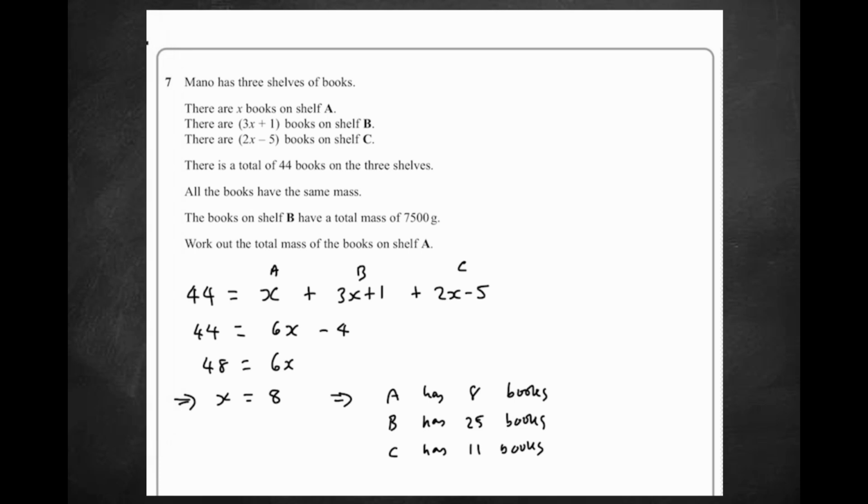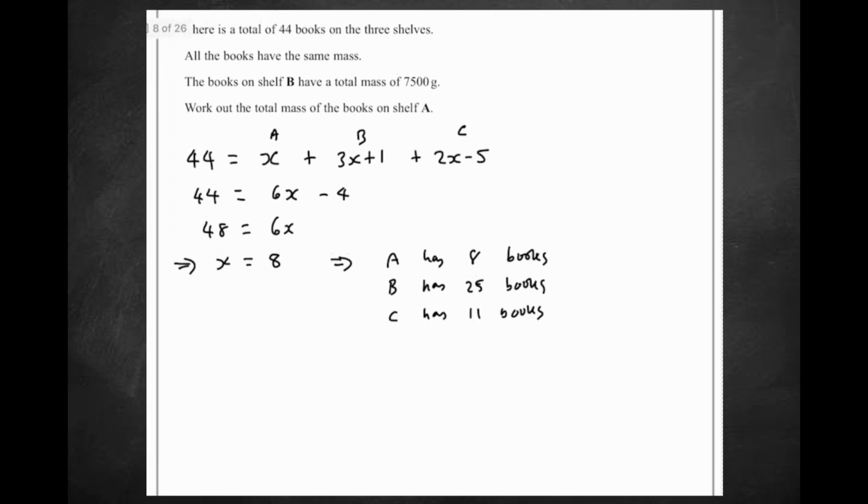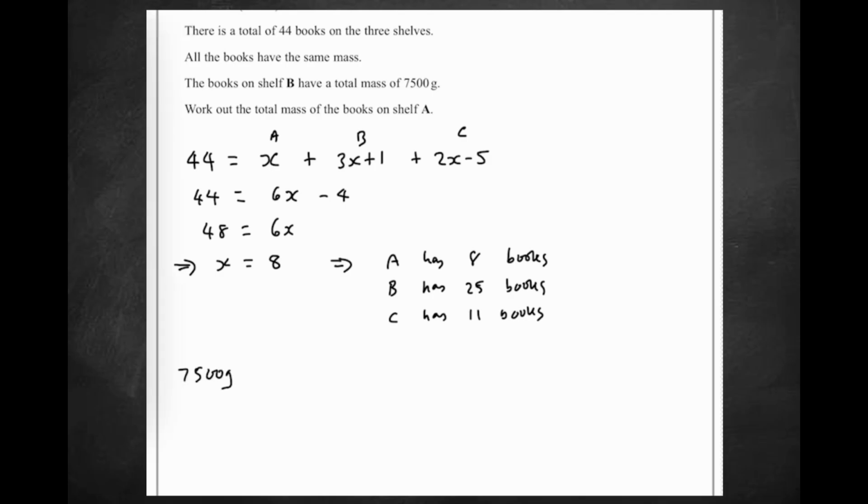Now we want the total mass of the books on shelf A. So we know 7,500 grams is the mass of B, which is 25 books. So each book has a mass of 300 grams.